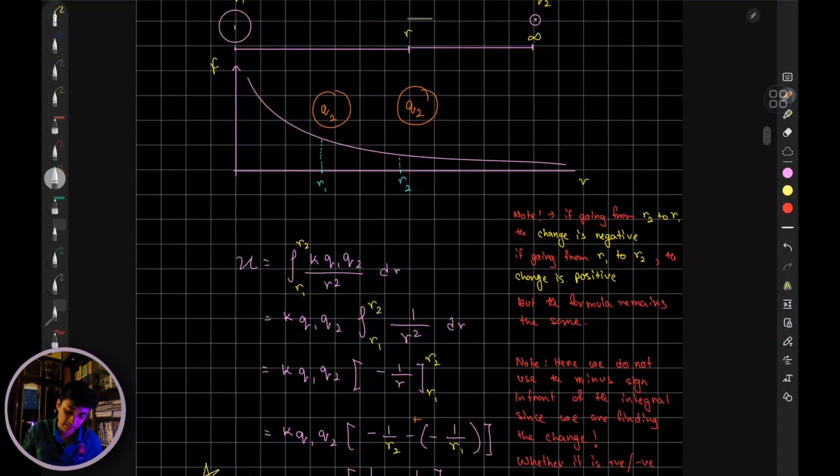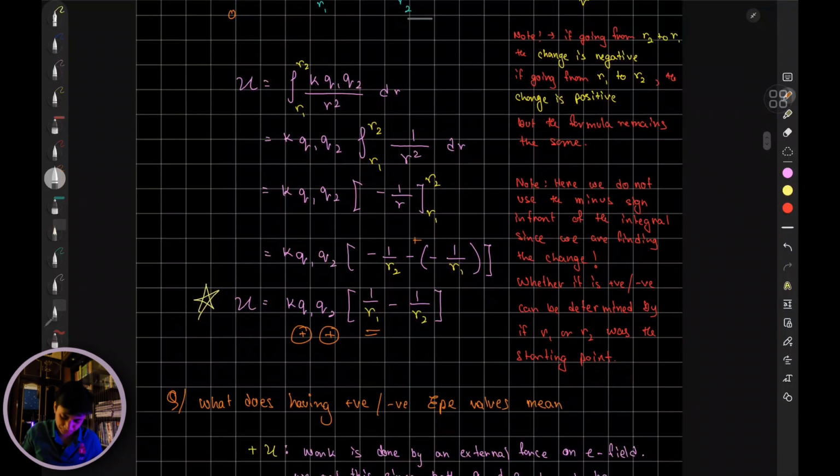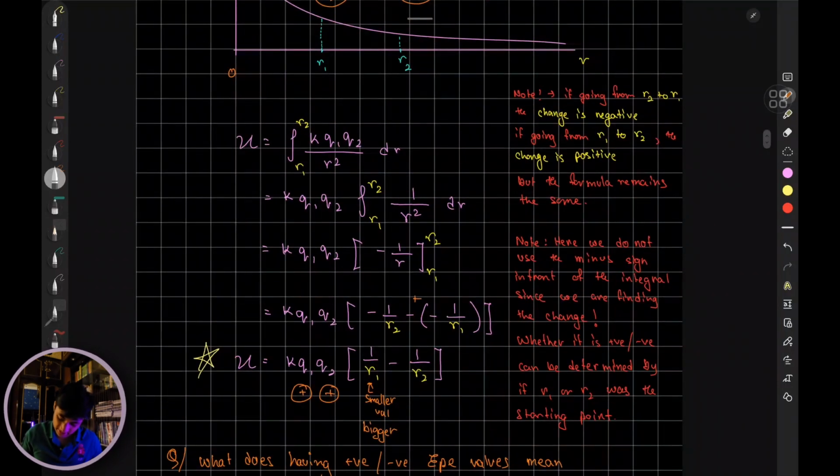since R1 is the smaller number, why? Because we are counting from the origin to R1. R1 is the smaller value, and since R1 is the smaller value, the reciprocal of it is going to be the bigger value. And the opposite for this is R2.